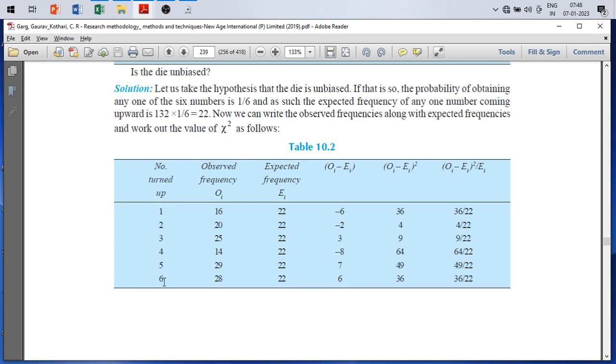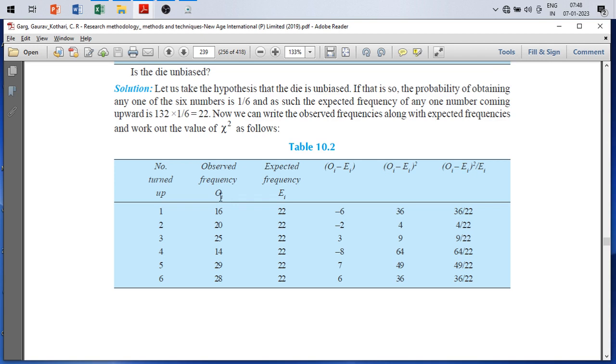The observed frequency is from the experiment that is given. Now the expected frequency, if we assume that the die is unbiased, will be 132 divided by 6 for each.